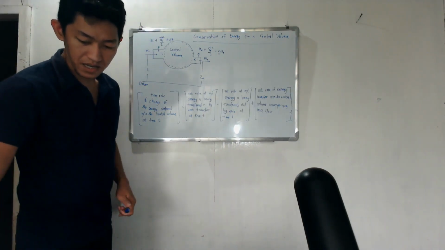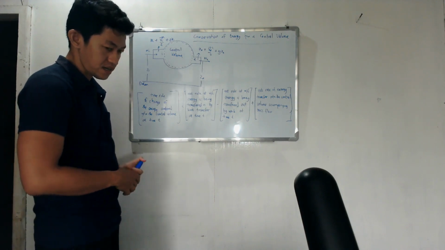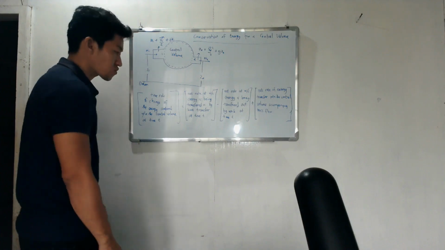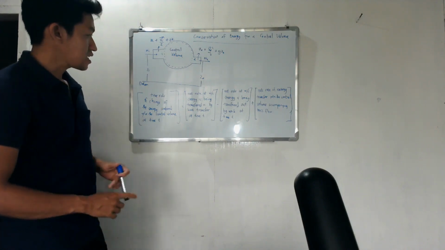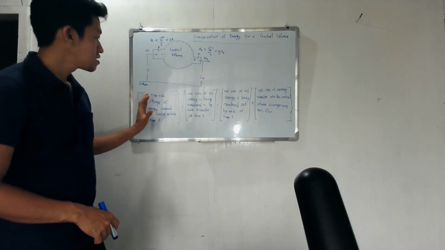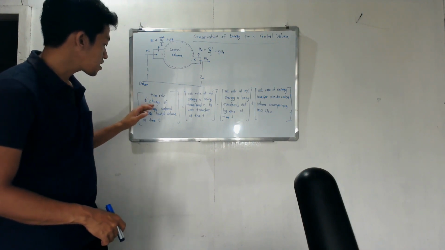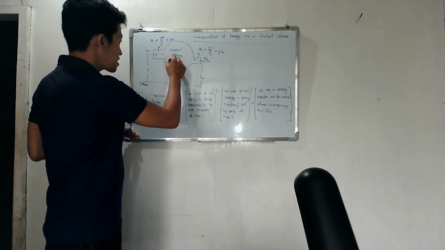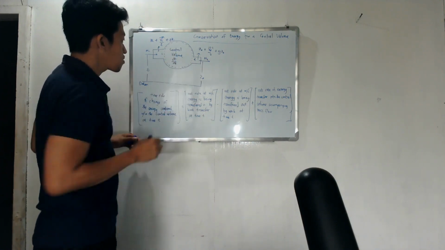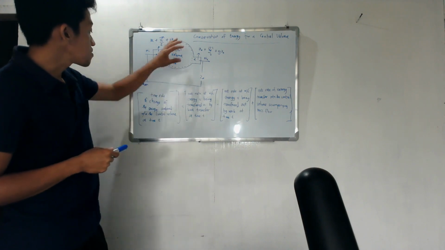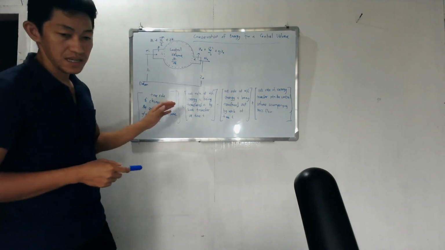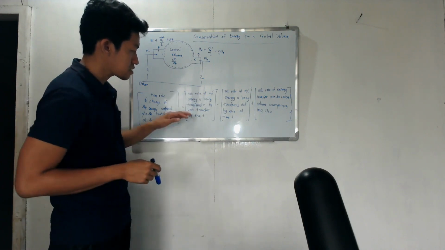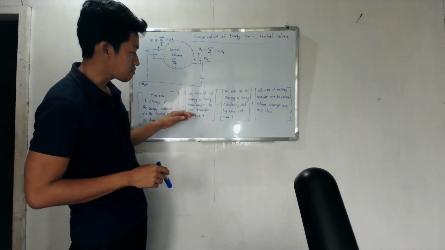Okay, so this is the statement of the conservation of energy for control volume. In statement form, it states that the time rate of change of the energy contained, so ang change of energy na dE over dt within the control volume at time t is just equal to net rate at which energy is being transferred in by heat transfer.